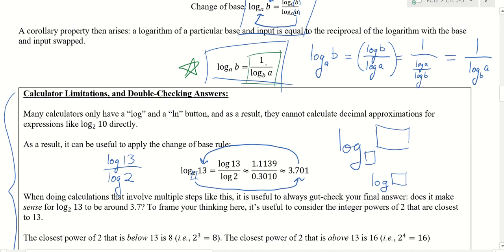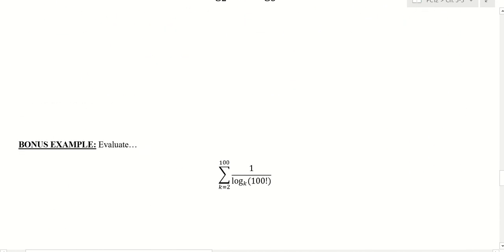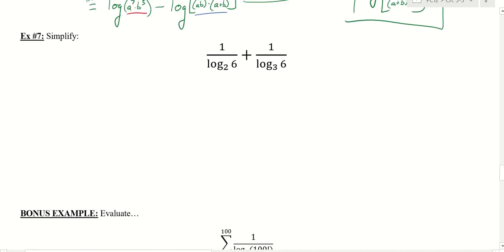So we have 1 over some logarithm, and we can just write that as the logarithm where we switch the input and the base, right? So this is log b of a, and if we have 1 over log b of a, that's just equal to log a of b. So let's apply that rule. I'm just going to write that rule on the side here, so that we can keep track of it as we apply it.